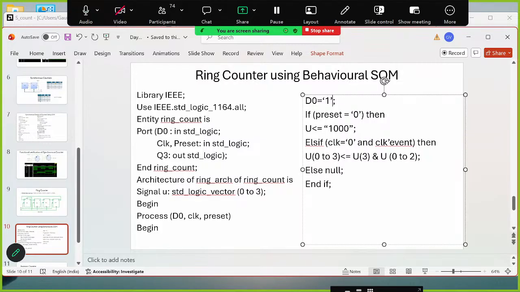After that, at the end, after end if, I have to update Q3. Q3 with the value of which one? U of 3. Finally, because we are getting the output from here itself.